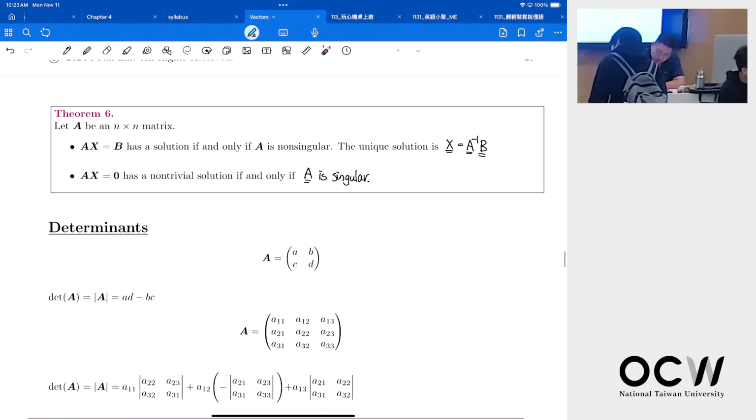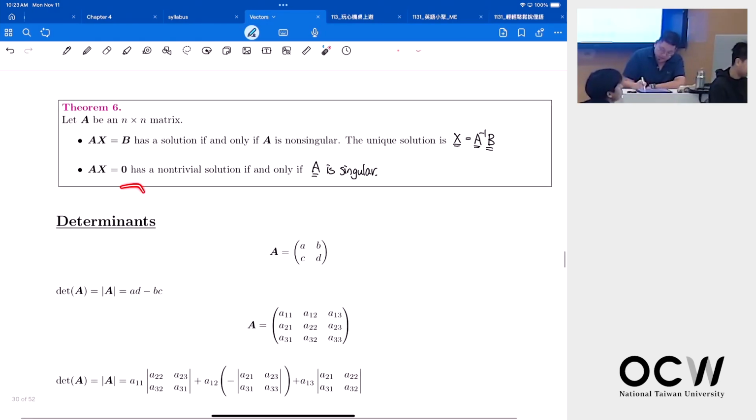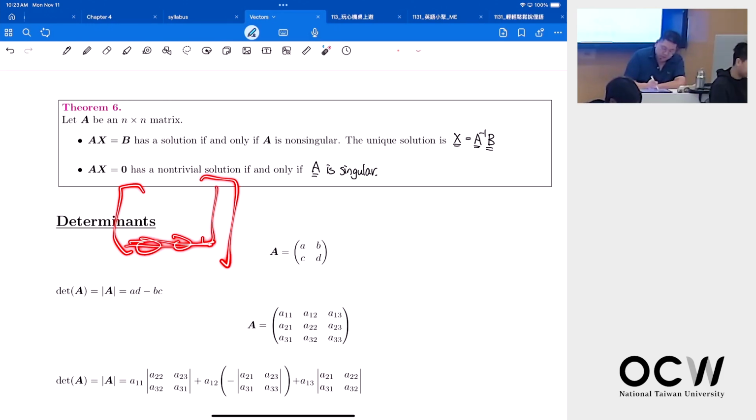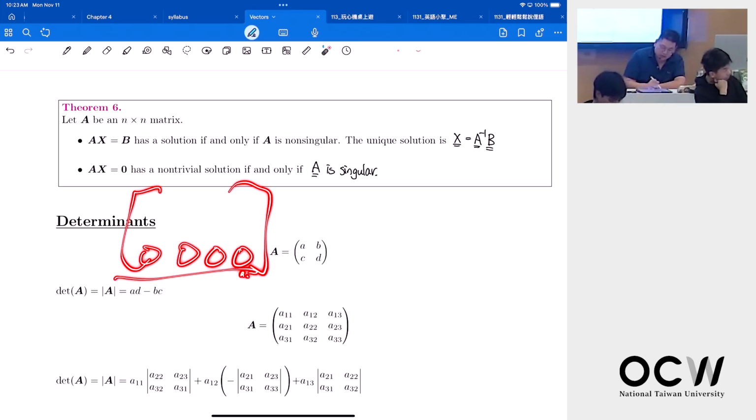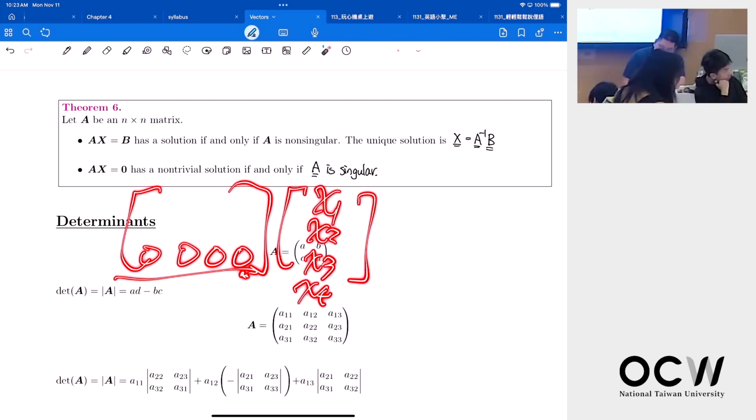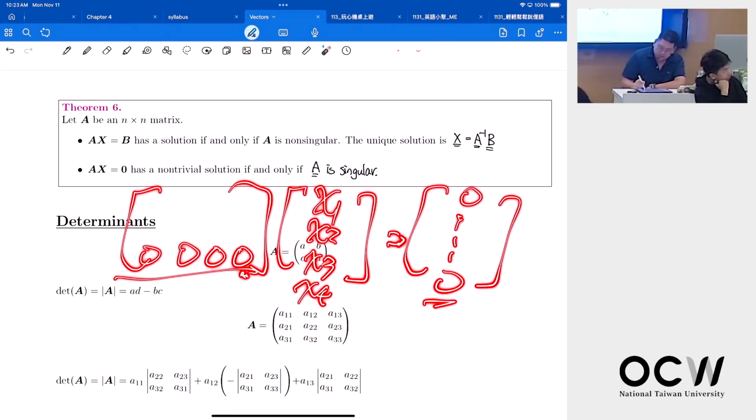What does that mean, non-singular and singular? Singular means that I cannot have an inverse. That means one of my rows or even columns will be all zeros. If one of my rows is all zeros, times x1, x2, x3, x4, it should still be 0.